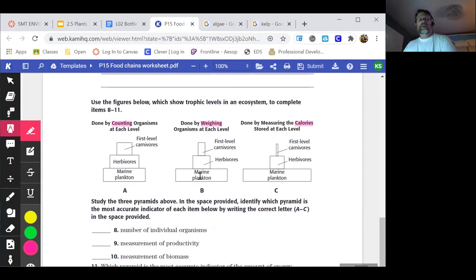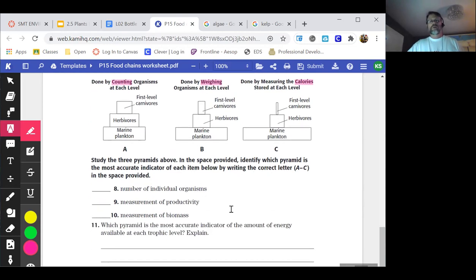We can look at the weight of plants and the weight of predators, or the number of calories held in the plants and the number of calories stored in the apex predators. When we're looking at biomass, that's going to be weight. Looking at productivity, it's going to be calories, and individual organisms, that's going to be counting. So it should go A, and then C, and then B.